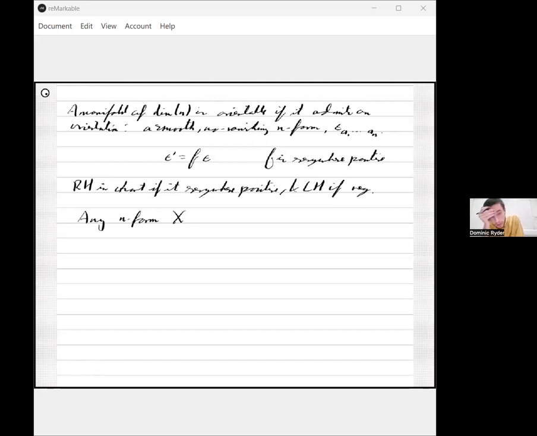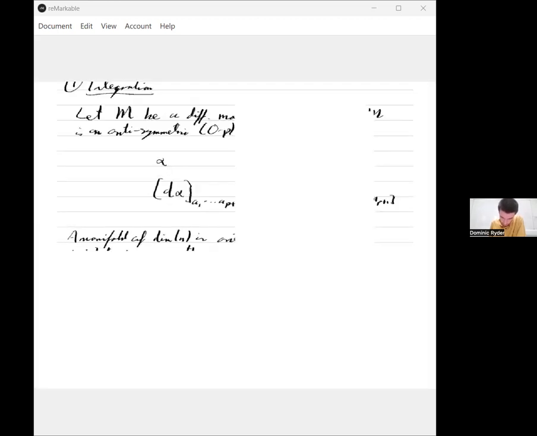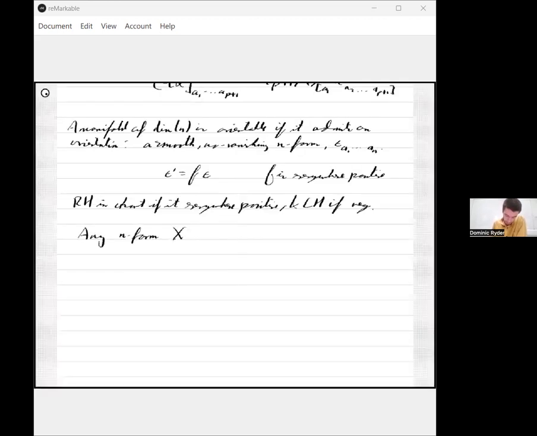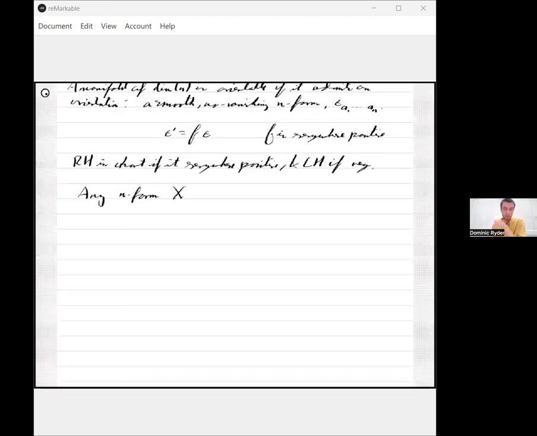In the definition of what, sorry? In the definition of a P form, the last word that you wrote down. Let me scroll back up. On M. Okay, thanks. No worries. So any n form is related to an orientation.